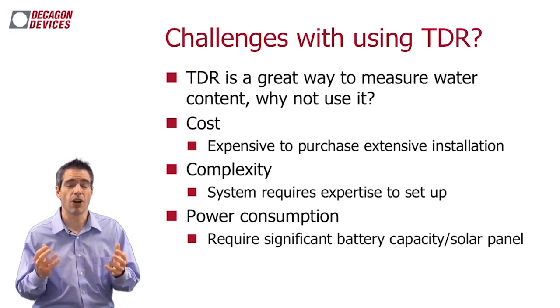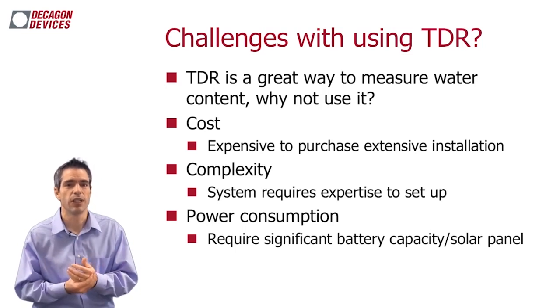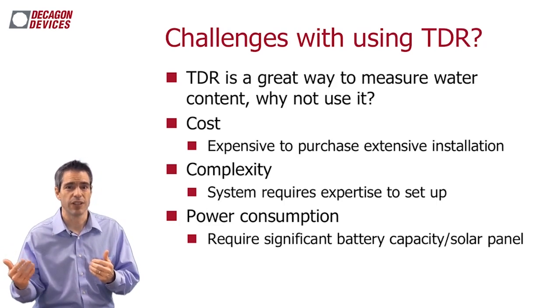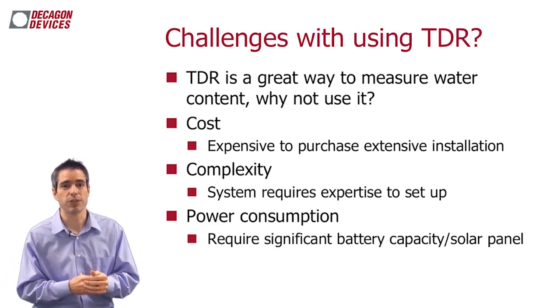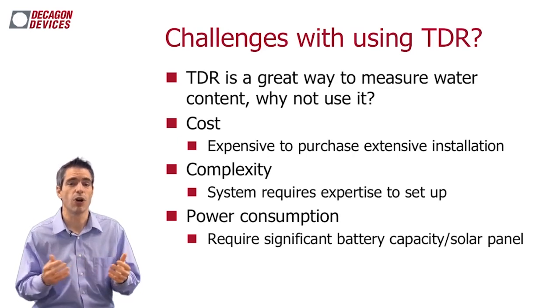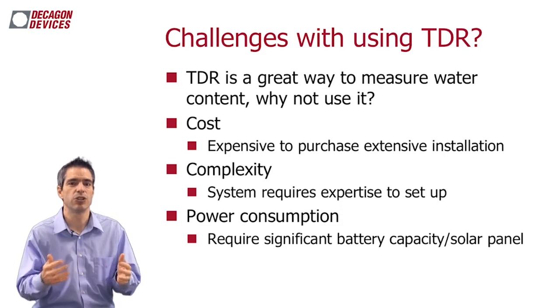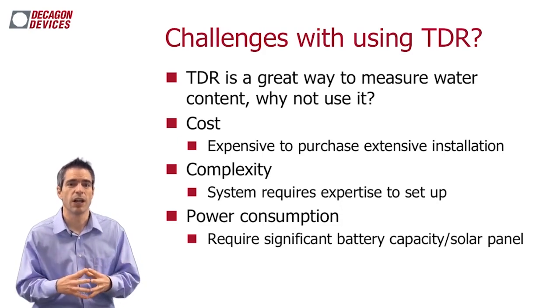These systems are very complex because of the very good technology that's used inside them, and so setting up systems and maintaining them creates challenges. Finally, power consumption. These do require more power to run, and so will require things in the field like solar panels and larger batteries to ensure we get a season's worth of data out of them.